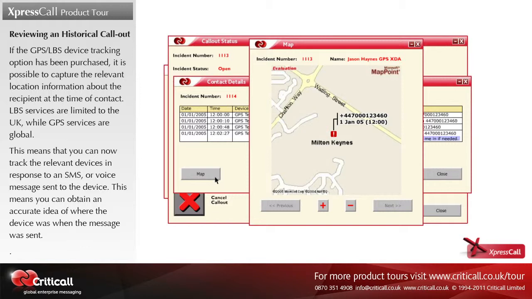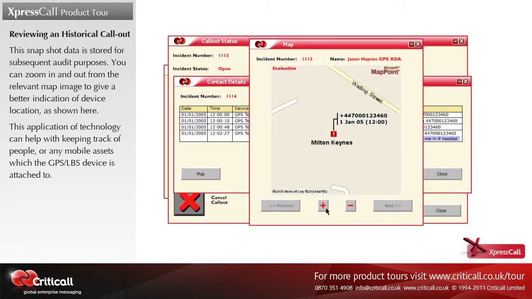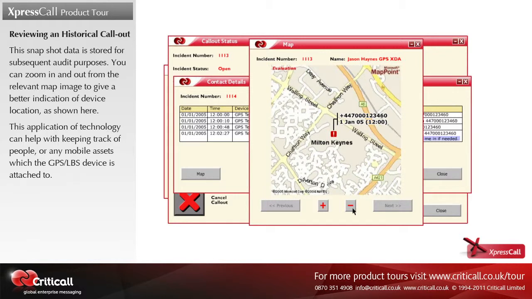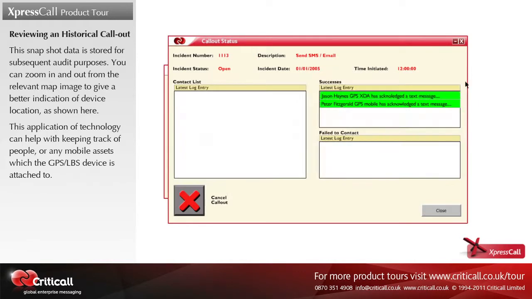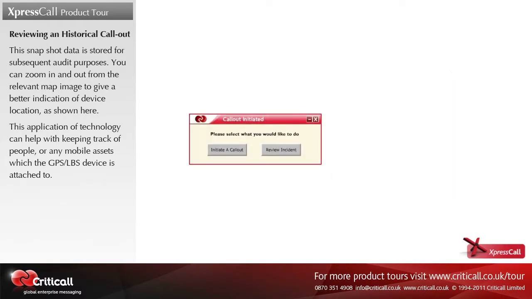This means that you can obtain an accurate idea of where the device was when the message was sent. This snapshot data is stored for subsequent audit purposes. You can zoom in and out from the relevant map image to give a better indication of device location as shown here. This application of technology can help with keeping track of people or any mobile assets which the GPS LBS device is attached to.